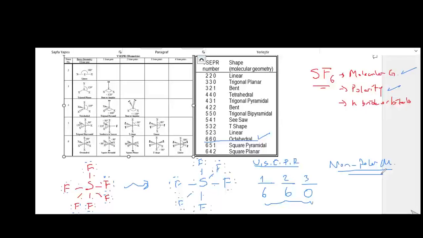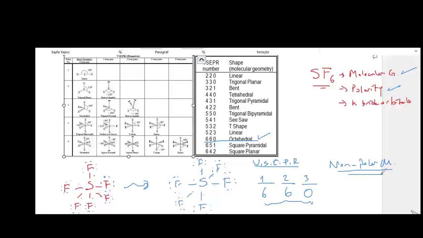But right now, if you are asked to find the hybrid orbital types for the central atom, let's remember: sulfur and phosphorus atoms in the third period of the periodic table can have more than 8 valence electrons in the molecule.